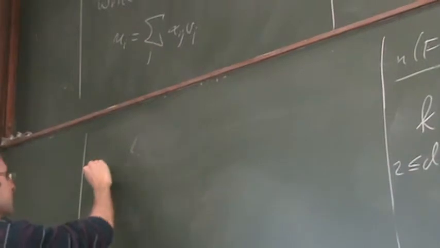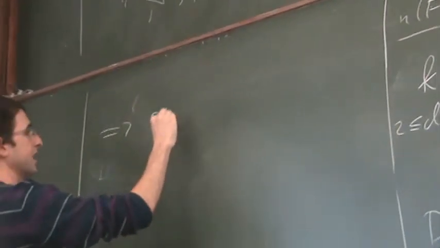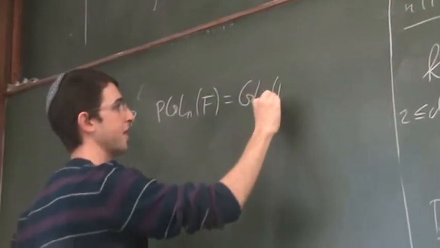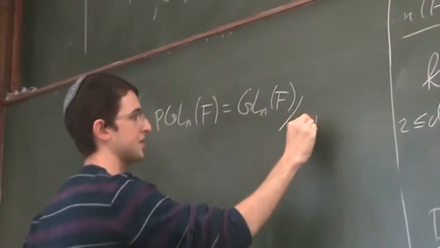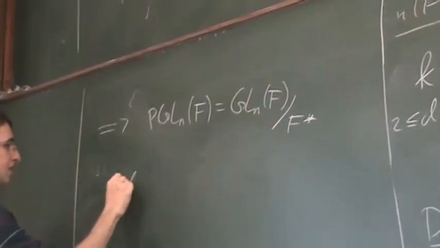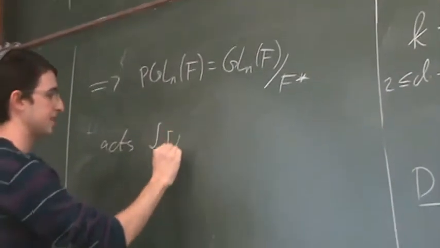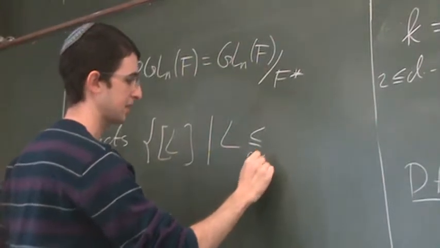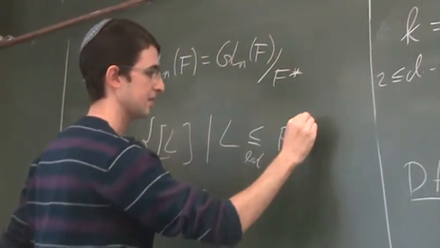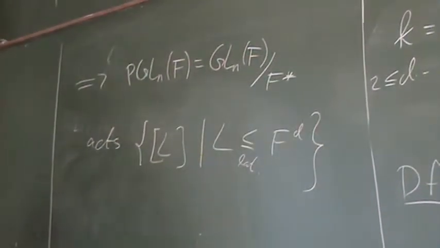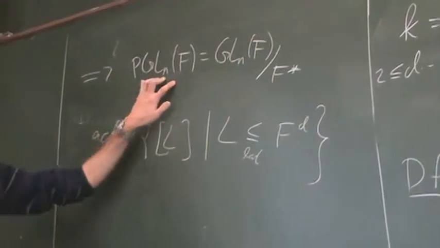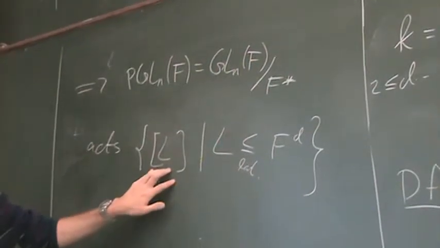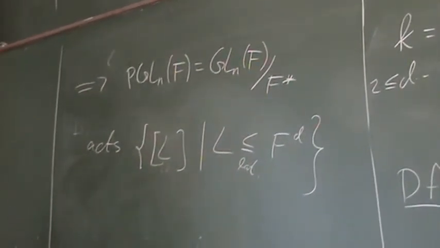And that means that PGLd(F), which is just GLd(F) over F star, acts on equivalence classes of lattices. I could actually define an action of the quotient group, because this part acts trivially on the equivalence classes. This is well defined.